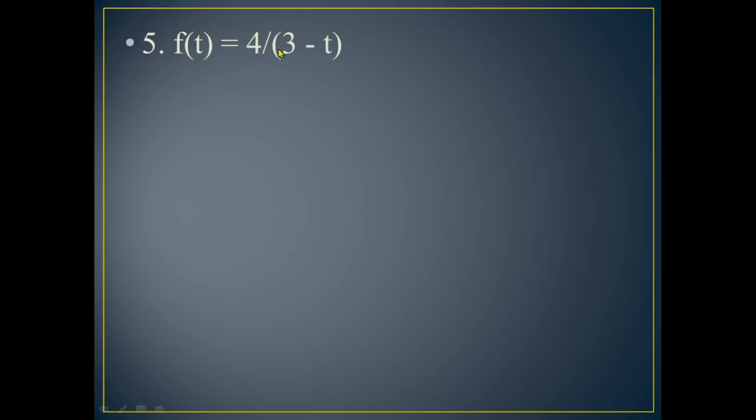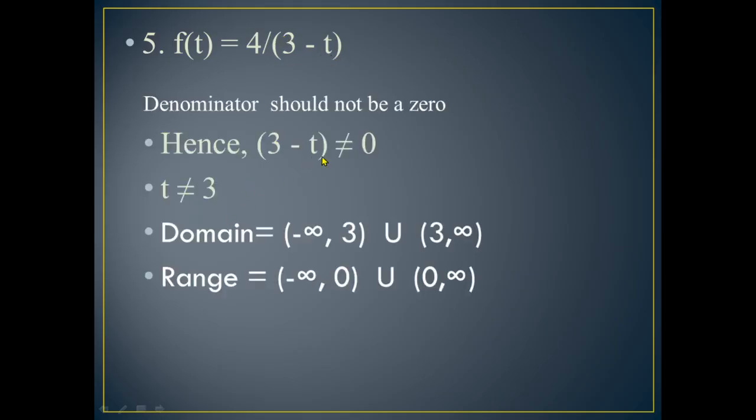So this 3 minus t should not be equal to 0, except when 3 minus t equals 0. The input may be all the real values except 3, that is minus infinity to 3 union of 3 to infinity, that excludes 3, that should not be 3.